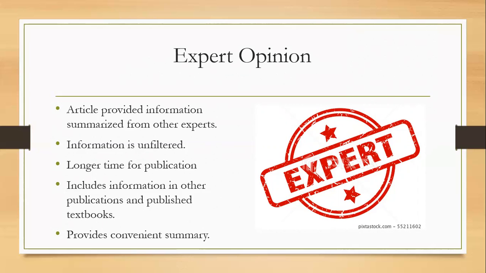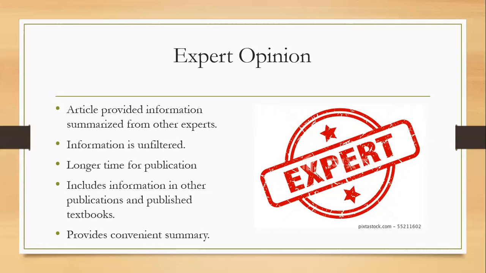The information is unfiltered, and because of that, it takes a longer time for publication, which is usually 2 to 3 years, as opposed to a study at a higher level of the evidence pyramid, such as a systematic review, for example, which will have a shorter review period for publication in a journal. It includes information in other publications and published textbooks.